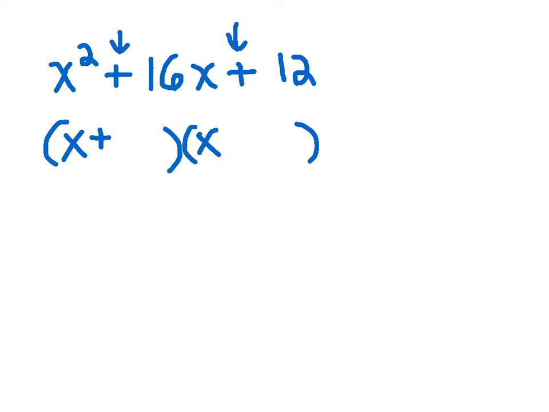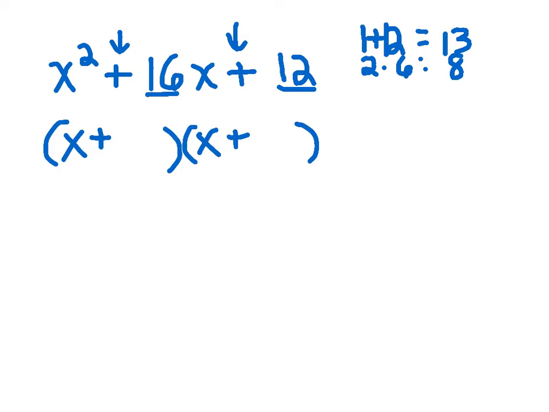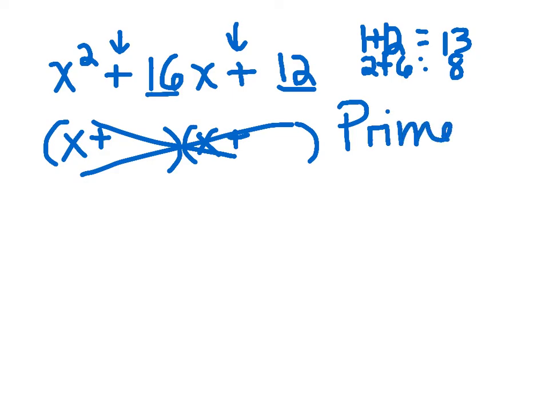They are both positive. I'm looking for numbers that multiply to 12 and add to 16. Well, 1 times 12 is only 13, and from there, it's going to go down. So there is 1 times 12, 1 plus 12 adds to 13. 2 plus 6 adds to 8. So there is no such combination of binomials. Therefore, this is a prime trinomial.